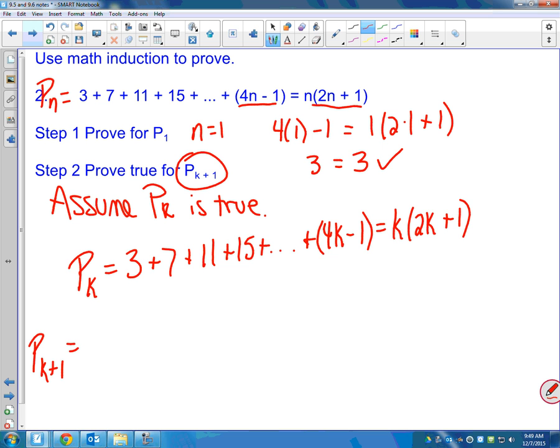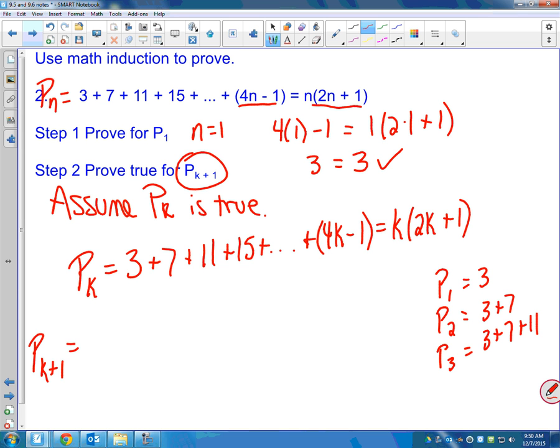Because I'm writing out all the steps. If p sub 1 equals 3 and p sub 2 equals 3 plus 7 and p sub 3 equals 3 plus 7 plus 11, for every term I write, I have to write the ones that were before it with it. Does that make sense of what I'm saying?